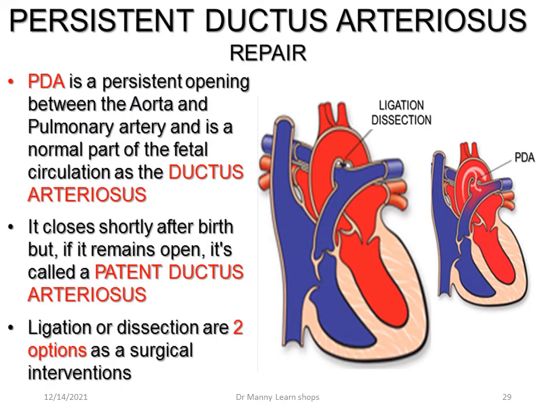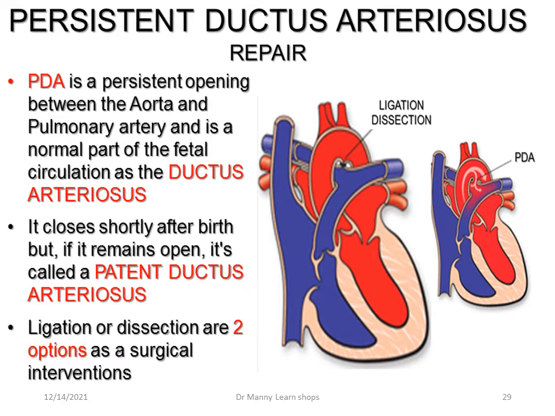Patent ductus arteriosus, PDA. This is a persistent opening between the aorta and the pulmonary artery and is a normal part of the fetal circulation as the ductus arteriosus. However, after birth, typically 24 to 48 hours, sometimes 72 hours, sometimes longer, it closes.